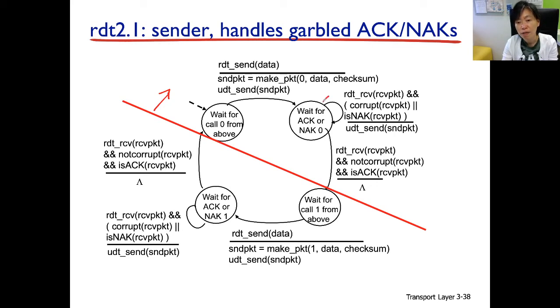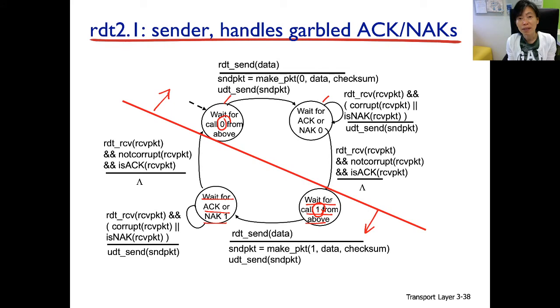And wait for ACK or NAK looks like the waiting for feedback state in the RDT 2.0 sender. If you go down further, this other half is actually very similar. Wait for call from above, and then wait for ACK or NAK. Okay, the only difference is this: wait for call for packet 0 from above versus wait for call for packet 1 from above.